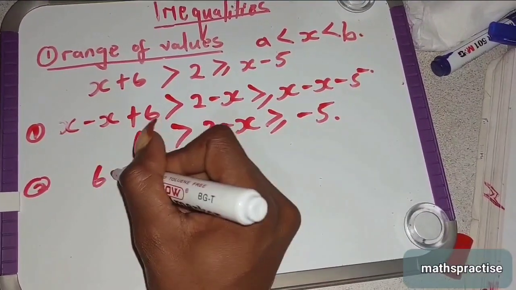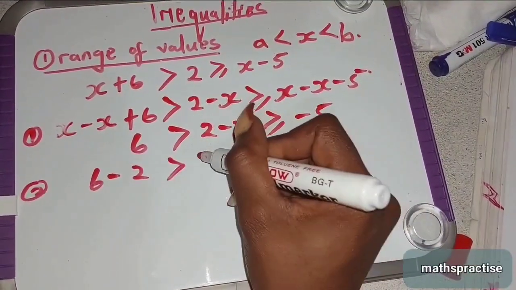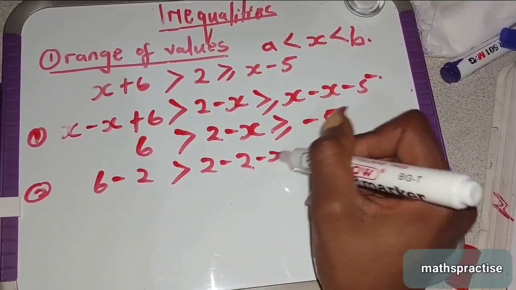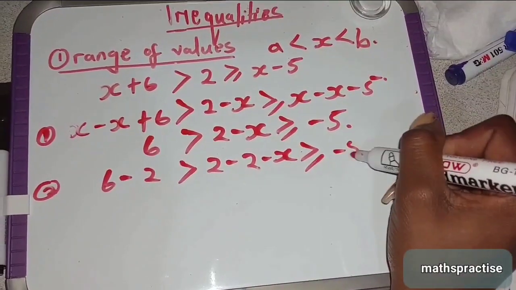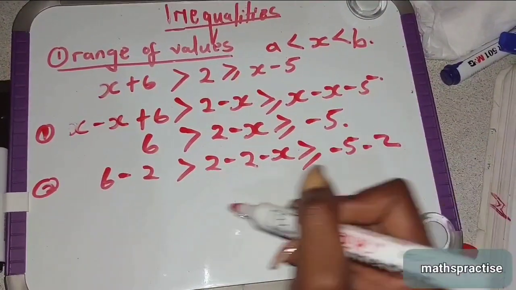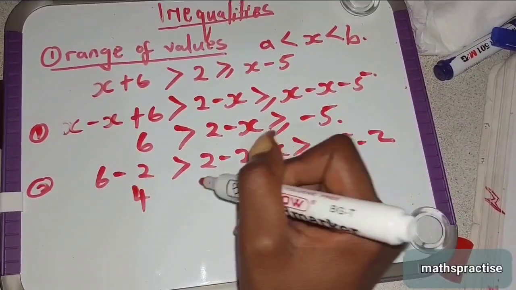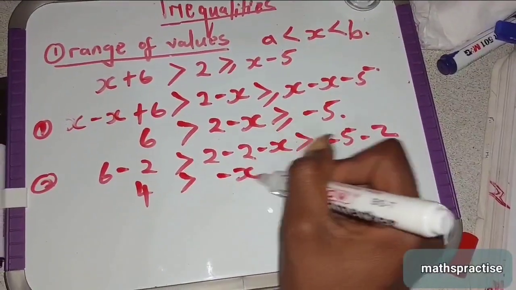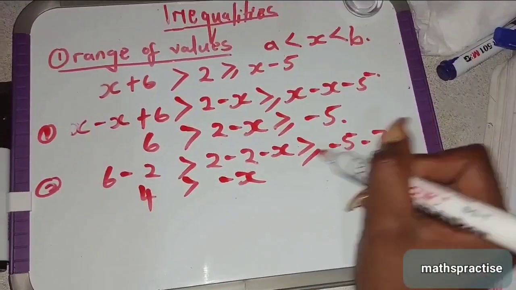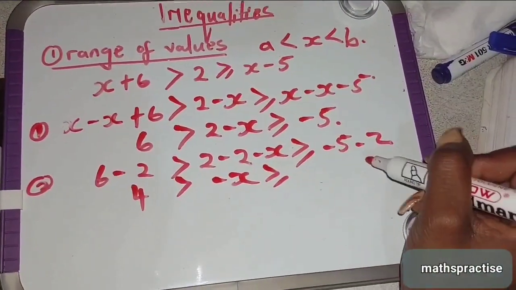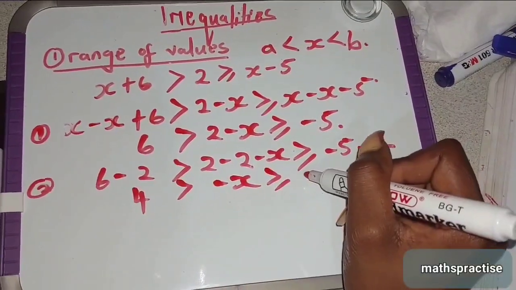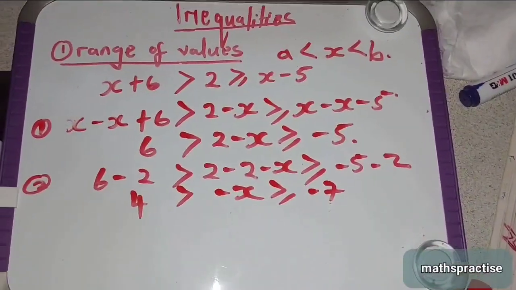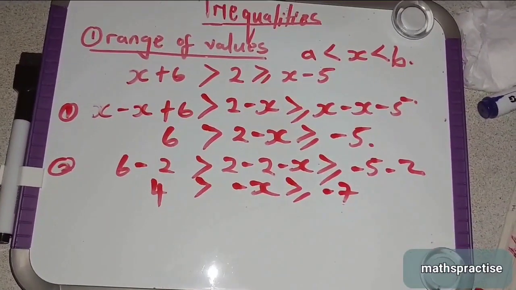So 6 minus 2 is greater than 2 minus 2, minus x is greater than or equal to minus 5 minus 2. If you simplify, you remain with 4 is greater than 2 minus 2, that's 0, minus x, then greater than or equal to minus 5 minus 2, that's minus 7. Okay, we are almost there to our range of values. I guess you can see that.